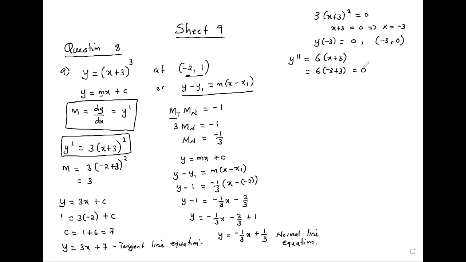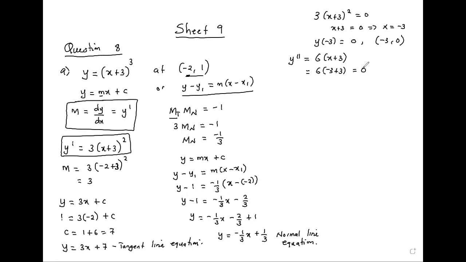So the second derivative is not telling us anything. This means that this point, (-3, 0), is a point of inflection because it is actually 0 of the second derivative. Remember, the points of inflection were found by equating the second derivative to 0. So if you tried it here, you would get x is equal to -3.